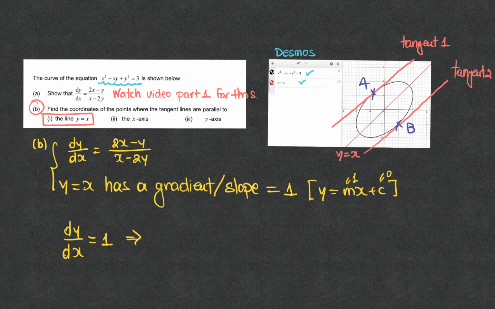So what I have is 2x minus y over x minus 2y, and we want this to be equal to 1. Let's cross multiply, or even better, multiply by x minus 2y on both sides. That gives 2x minus y equals x minus 2y. We're not going to find an answer like x equals 5, but we're going to find the relationship between those two points.